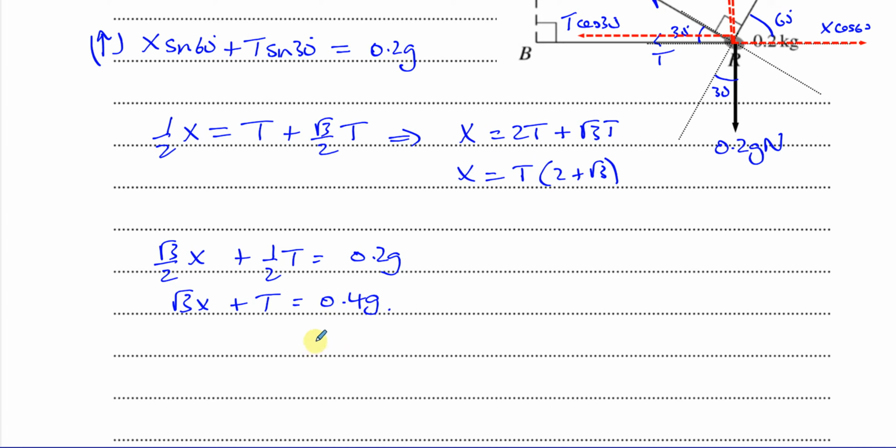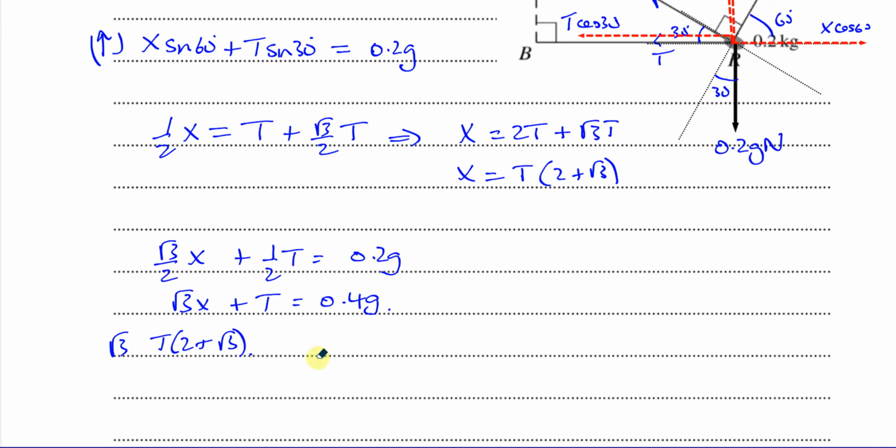Now we can say that T equals, what would be the easiest way to do this? I guess the easiest way would be to replace the x with T times 2 plus root 3. So root 3 times, instead of x, I'm going to put T times 2 plus root 3. I don't have to put that bracket there.